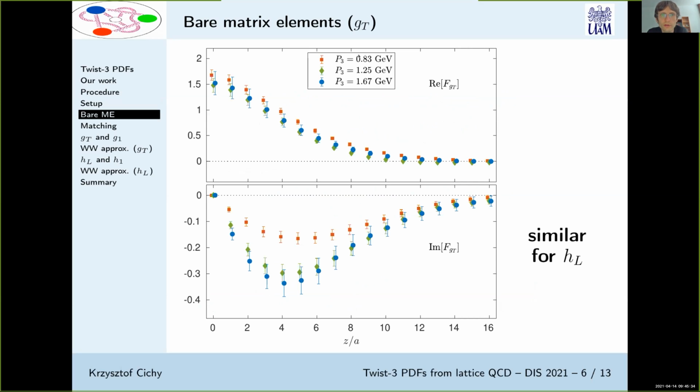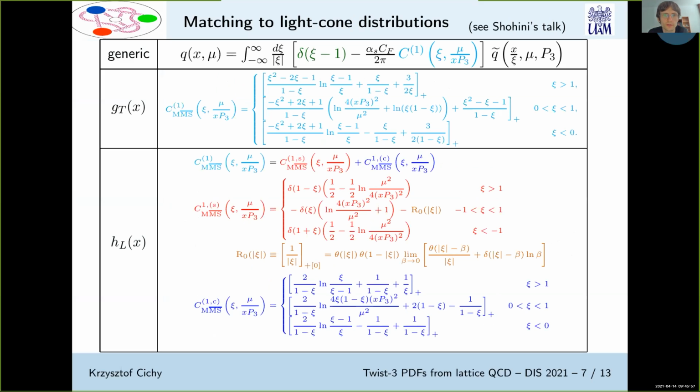We employ 3 values of the nucleon boost from 0.8 GeV to 1.67 GeV, and ideally it should be converged in the nucleon boost to suppress the higher twist effects when going from the quasi-distribution to the light cone distribution. For HL, the bare matrix elements show similar signs of convergence.